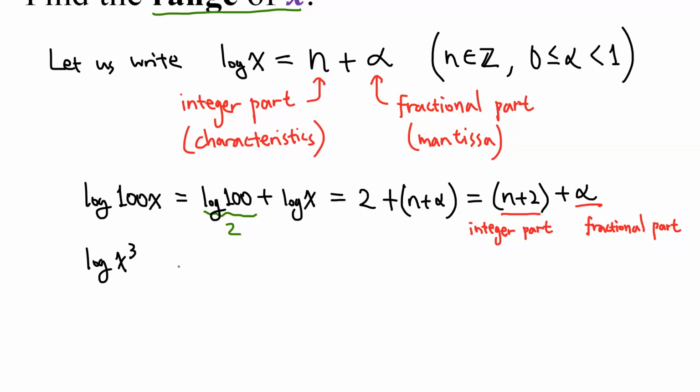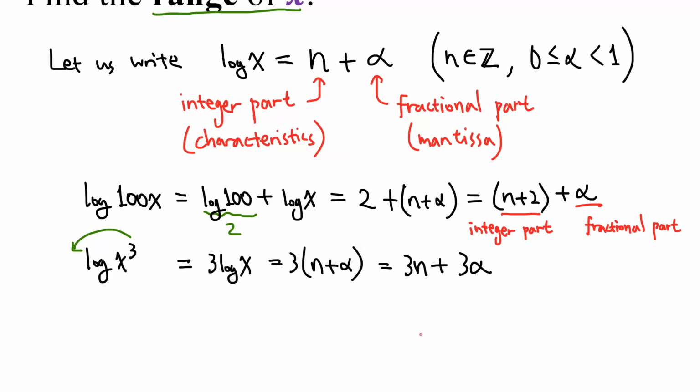Okay, now for the log x cubed. Here, this 3 comes to the front, so we can write 3 log x, which is 3n plus 3 alpha. Now here, the situation gets a bit complicated. Since we have this range condition for alpha, the possible range for 3 alpha is equal to or greater than 0 and less than 3.